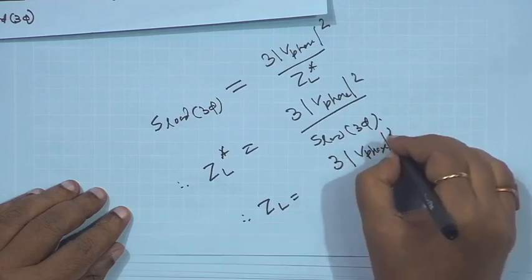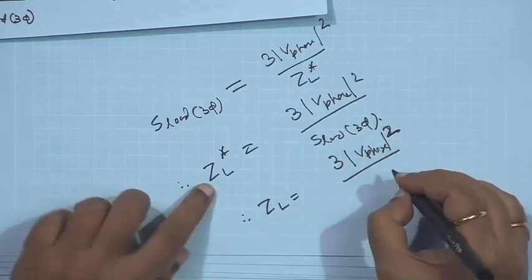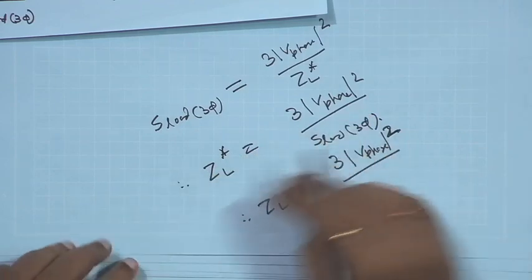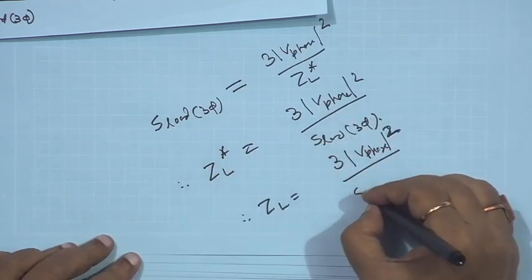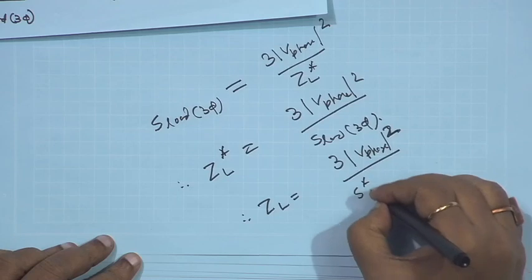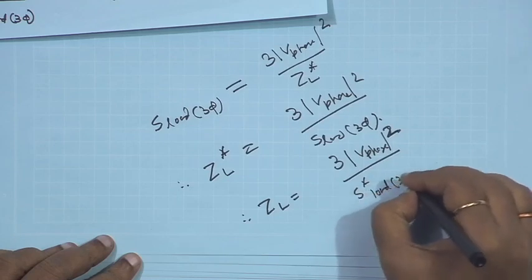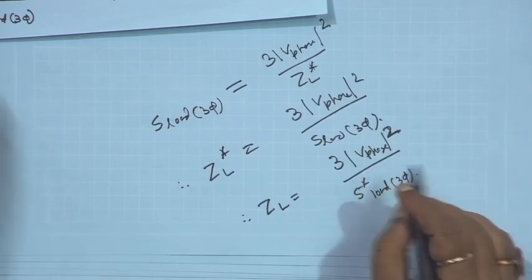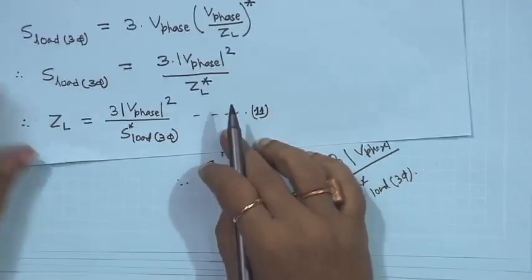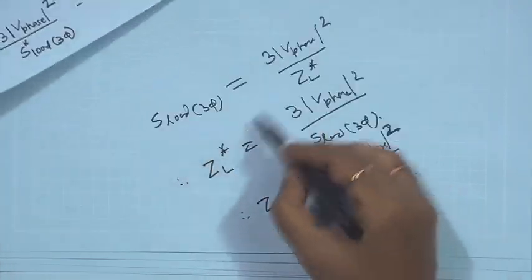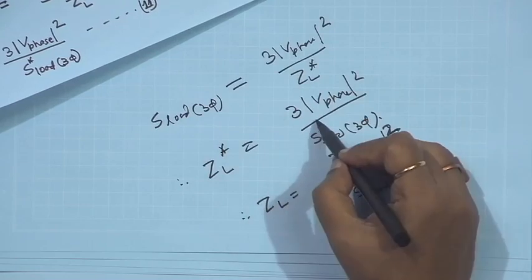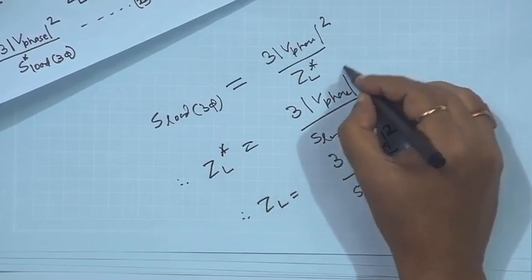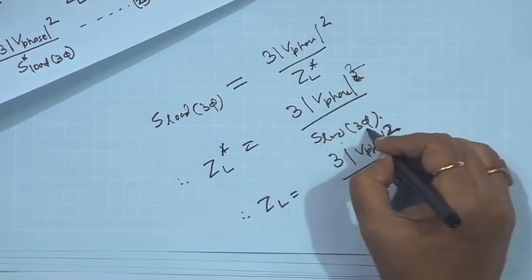So, nothing to deal with that square, as it is. If we take conjugate on both sides, it will be S conjugate load 3 phase. So, we are writing ZL conjugate is 3 phase voltage square divided by S load 3 phase.